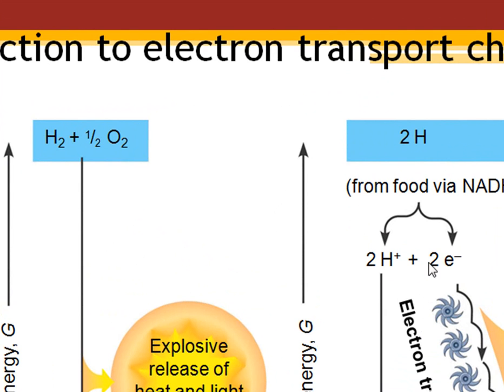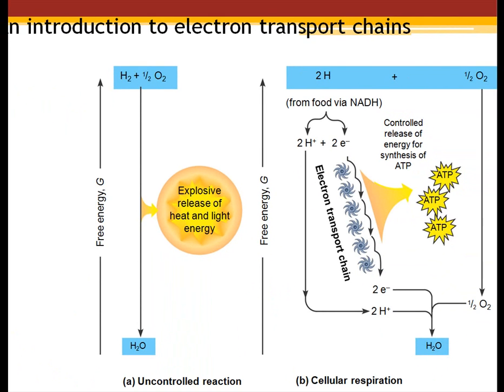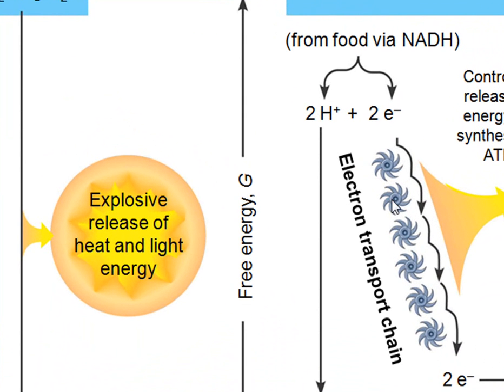NADH is oxidized because it loses an electron. Well, this first protein here then is reduced because it will gain that electron. Then this first protein is oxidized and will lose its electron to the second protein, which becomes reduced.